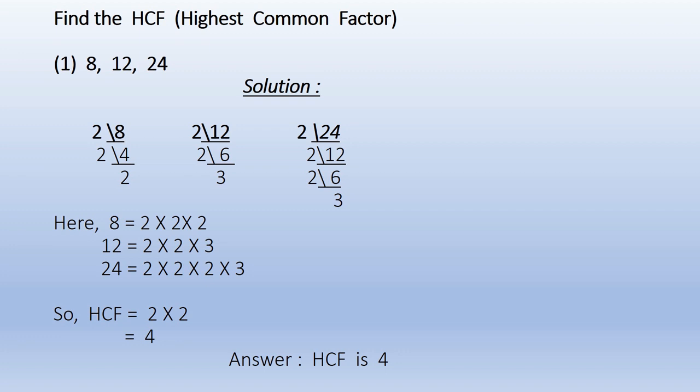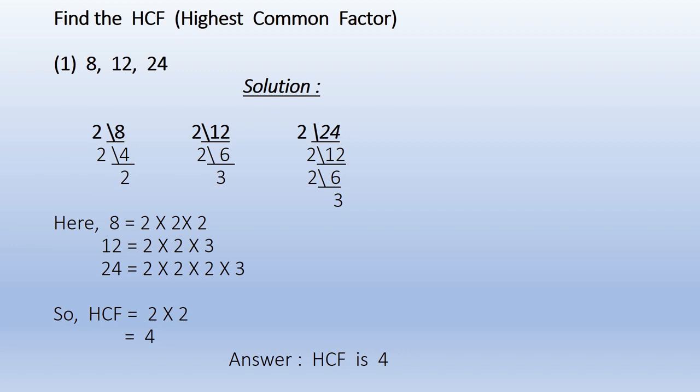In the HCF, now see how many factors we are getting. For 8, we get 2 multiplied by 2 multiplied by 2. For 12, we get 2 multiplied by 2 multiplied by 3. For 24, we get 2 multiplied by 2 multiplied by 2 multiplied by 3. Students, please be very careful.